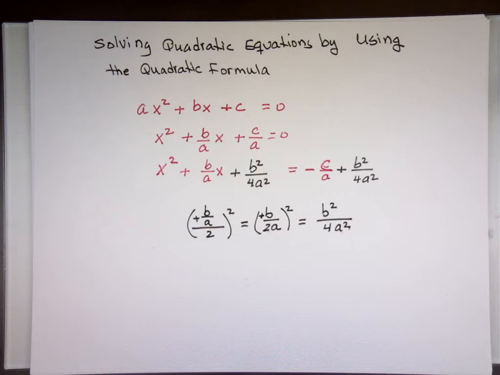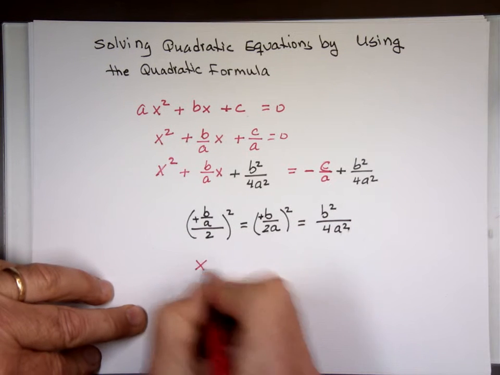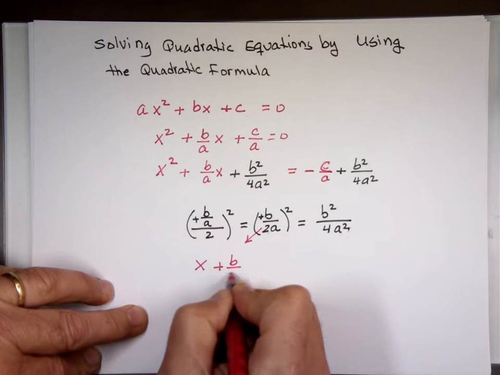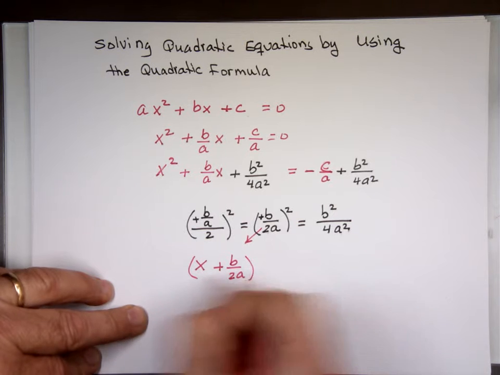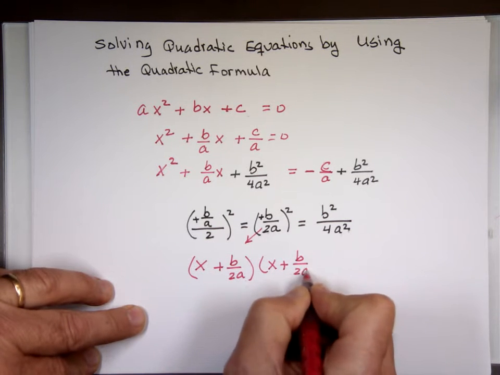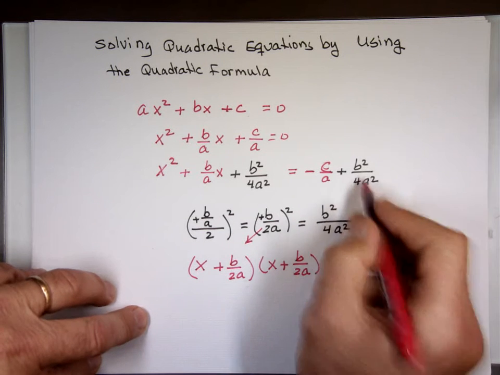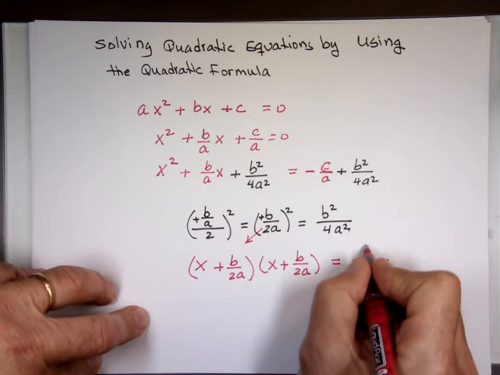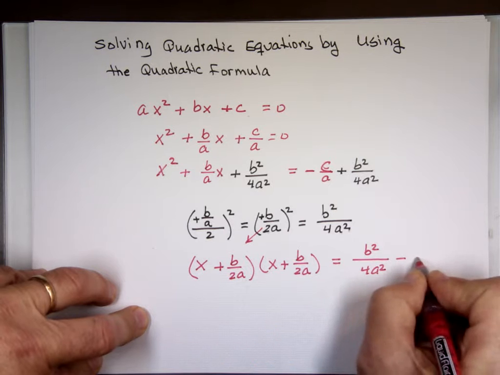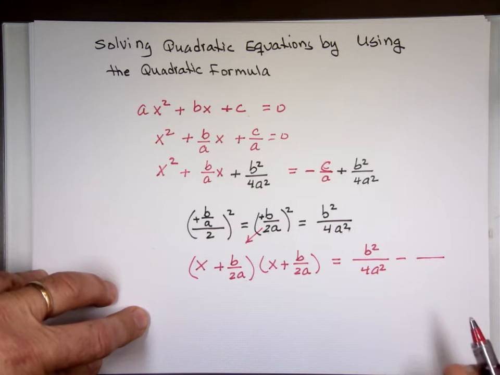So now, to factor this, remember we said last time, it is going to be x, whatever that value is, and I like to put the positive 1 first here. Now I want the bottom to be the same, because if you want to add or subtract fractions, you need the LCD.